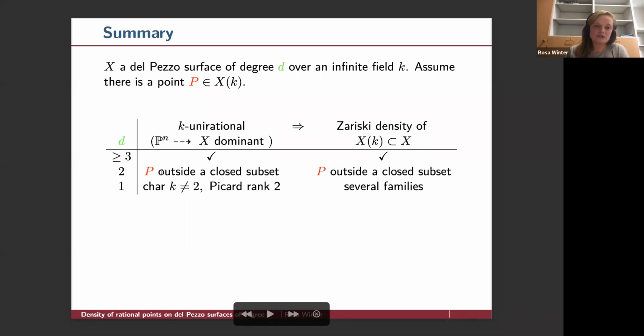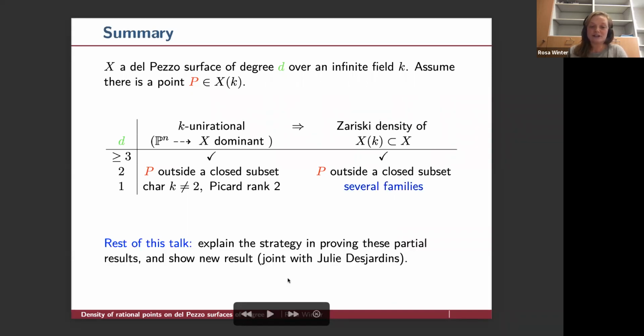If the degree is 2, then it's unirational if P lies outside this closed subset, the ramification curve, and not contained in 4 lines. And this implies in that case also the Zariski density. And for the degree 1 case, we know that it's unirational if the Picard rank is 2 and the characteristic of the field is not 2. But Zariski density we know for several families. So here we know a bit more about the density.